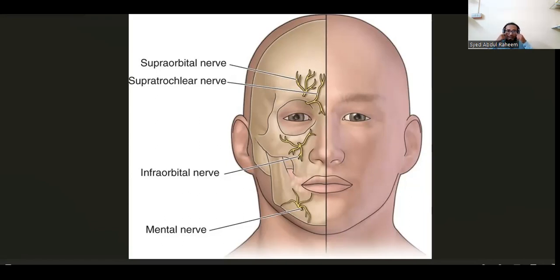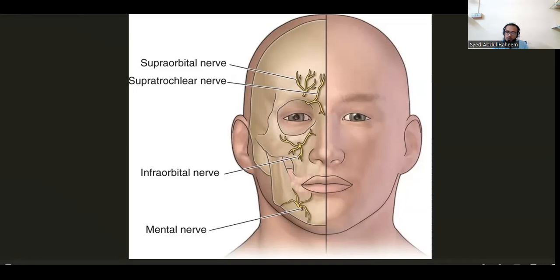You have the lacrimal gland here, which releases tears, the eye water, so it helps to release the water of the eyes.